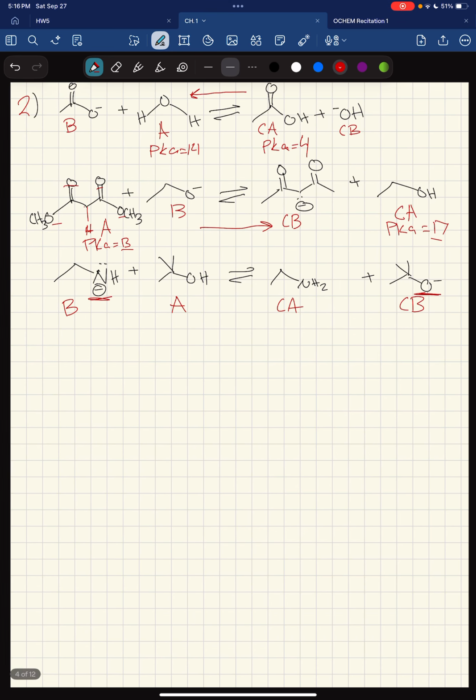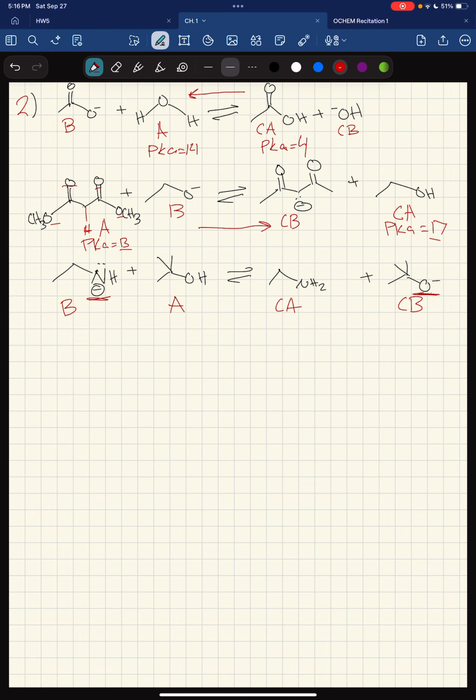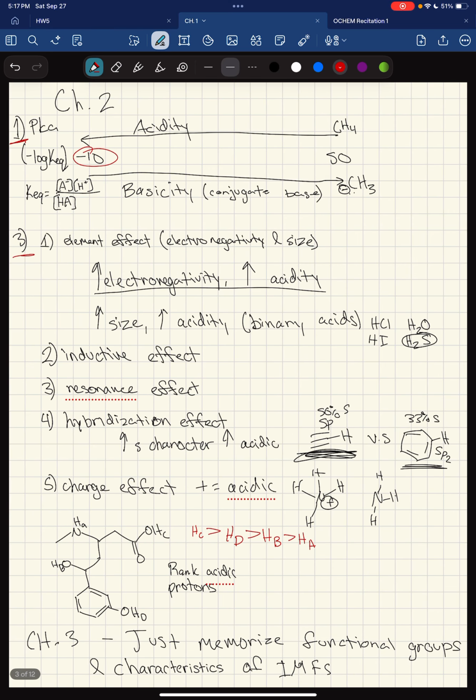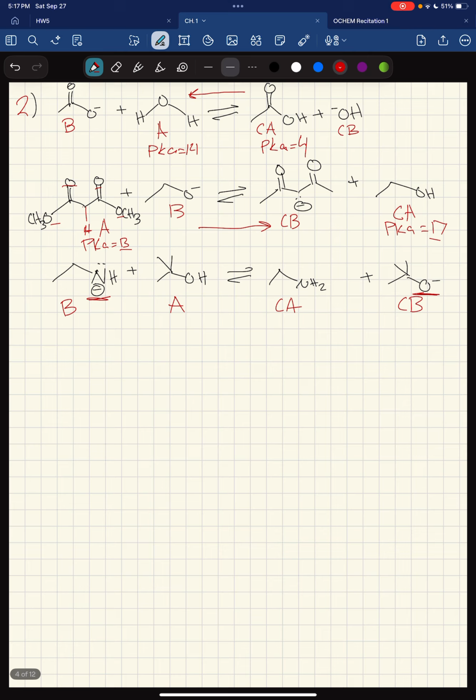So you know that this side, let me think about this. This is in reverse. So the lower electronegativity will be the more basic molecule. So you know that this one, nitrogen, has lower electronegativity than oxygen.